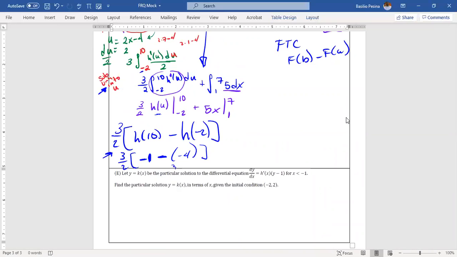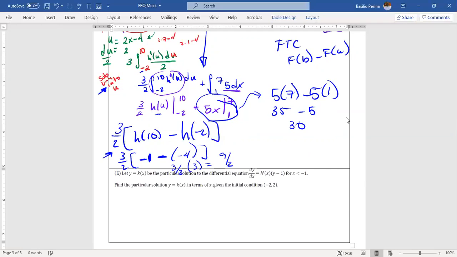Negative negative makes a positive. So -1 plus 4 gives me 3. Yes. So that gives me 9/2? Yes. And then we just have to do this final part. F of 7 minus f of 1. So 35 minus 5 is 30, positive. So my answer should be 9/2 plus 30.